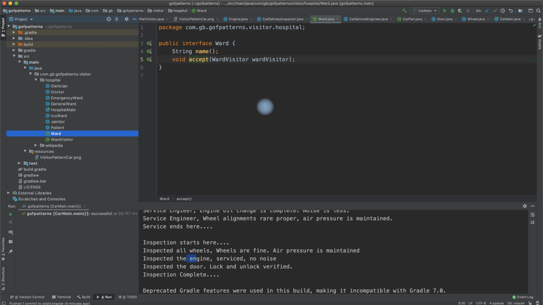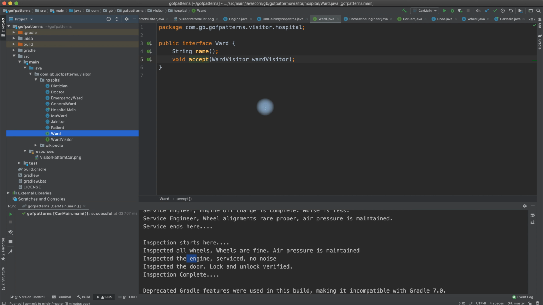That is what we have explained: a dietitian, doctor, janitor, nurse, and another person we can think of, the pharmacist, who provides drugs to the appropriate patients. So the algorithms that are going to be added or modified are those of the people who provide services. The underlying object is going to accept these algorithms, or the visitors.